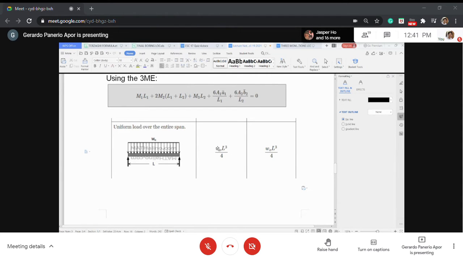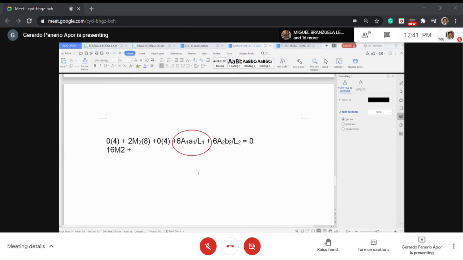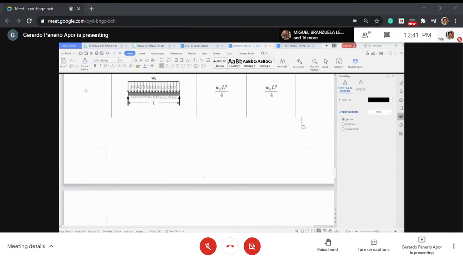And this one is the 6E1 times A1 divided by L1, no? So the first value goes here. The other one is 6E2 times B2 divided by L1, no? So this is it, practically.